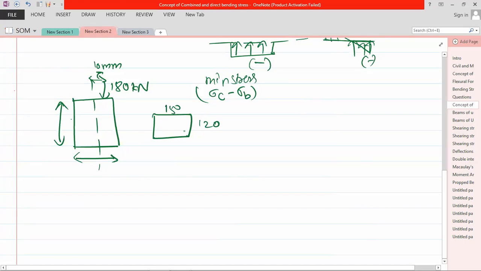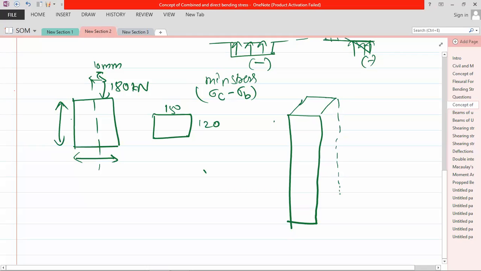So you need to find the maximum and minimum stresses. I want to draw it in 3D so that you can get what I want to say. Suppose this is a vertical beam, and this is your neutral plane.